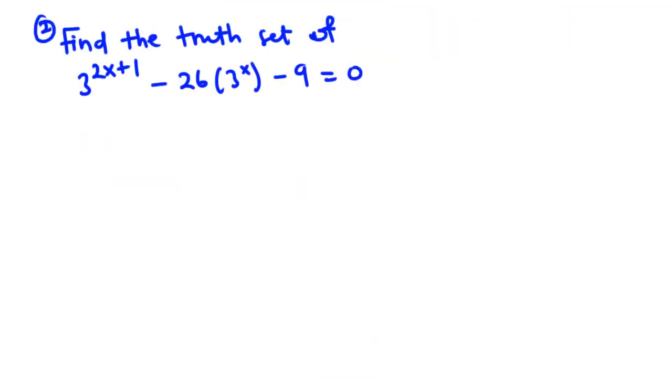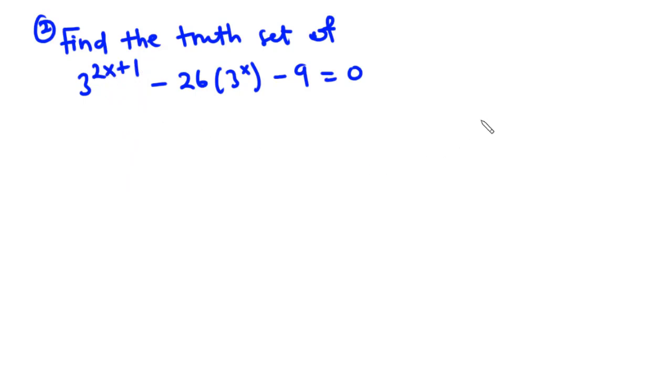So for question number 2, we are to find the truth set of the equation 3 exponent 2x plus 1 minus 26 times 3 exponent x minus 9 equals 0. Now we are going to find the truth set for this equation. Now first of all, let's try to expand this expression.